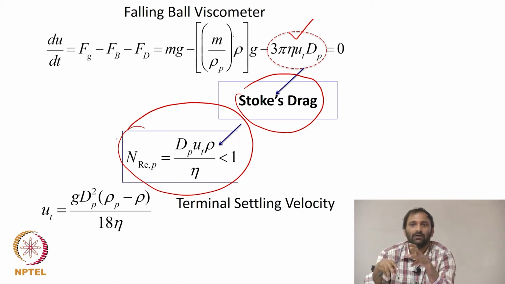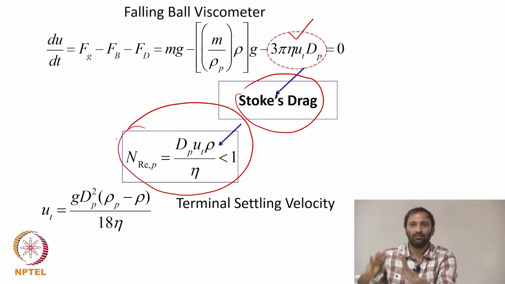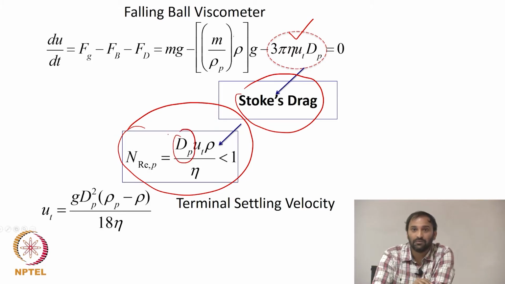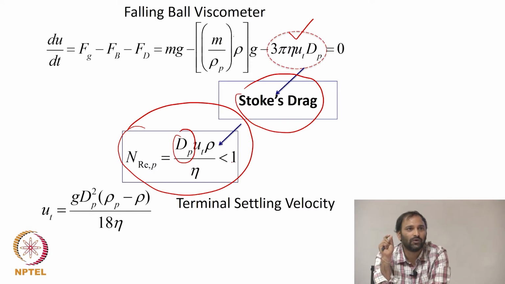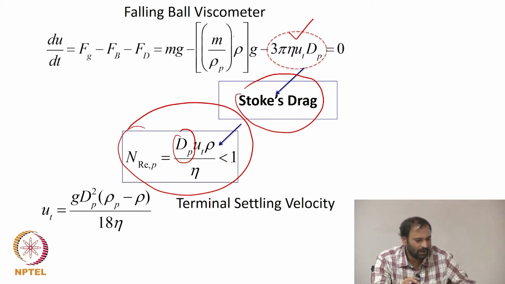If I take meter-sized spherical objects and make them fall, it's not going to work, because you have the diameter of the object in the numerator, and it's going to be a really large number. This condition is not going to be satisfied, so you have to work with appropriately small objects and ensure laminar flow conditions, and that's when you can use this.